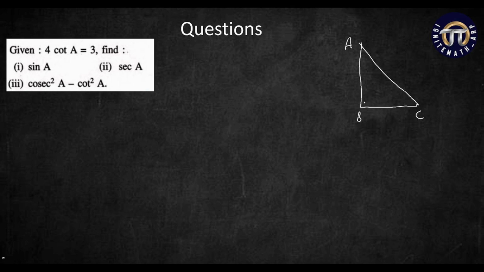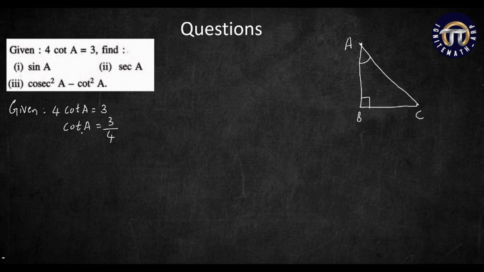For my convenience, I'll call this A, B is over here, C is over here. Given that 4 cot A is equal to 3, so I can write cot A is equal to 3 by 4. A is a vertex of the right angled triangle, and you can take it as theta or A itself.